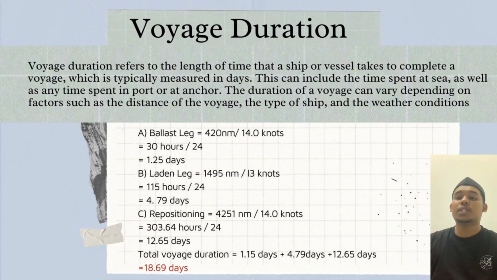Additionally, voyage duration can also vary depending on the type of voyage. For example, a cruise ship voyage is a leisure voyage that can last for several days to several weeks, while a commercial shipping voyage can last for several weeks to several months.